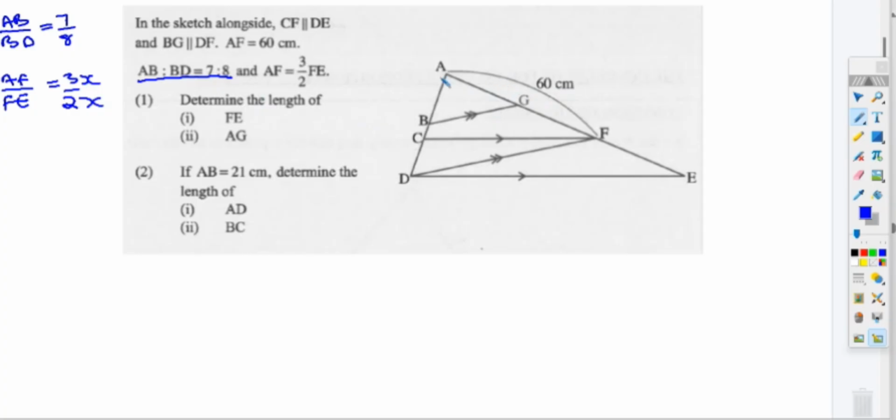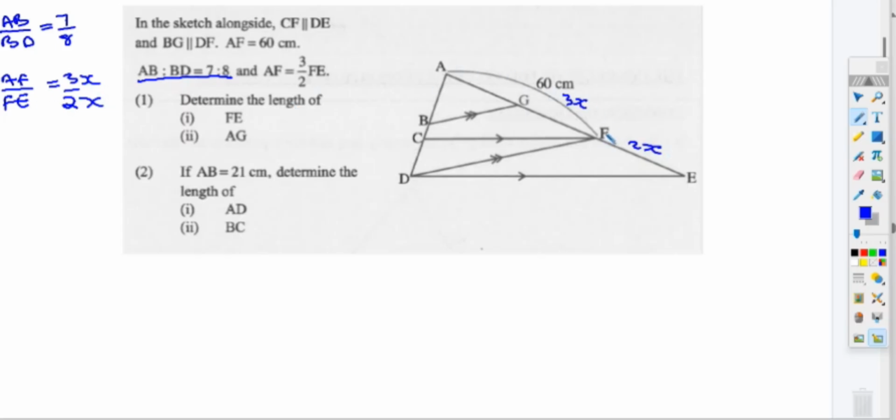We cannot say this is equal to 3 and then this is equal to 2, right? Because that 3 is not equal to 60. But that 3 is multiplied by something to get that 60. We want to get that something. So we are saying where we have AF here, according to this ratio, is 3x. So this is 3x and this will be 2x. That is the ratio that we are given here.